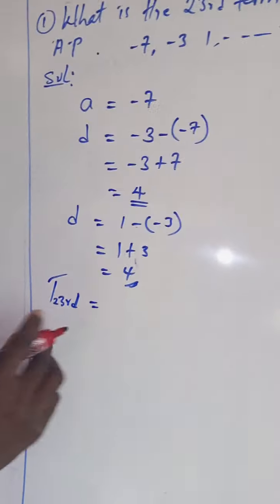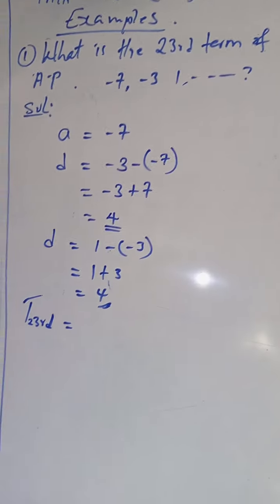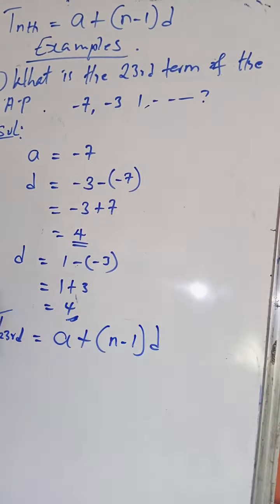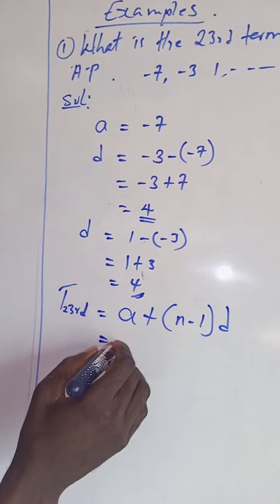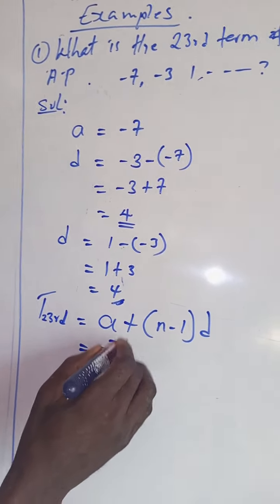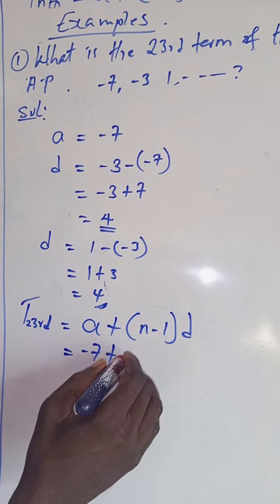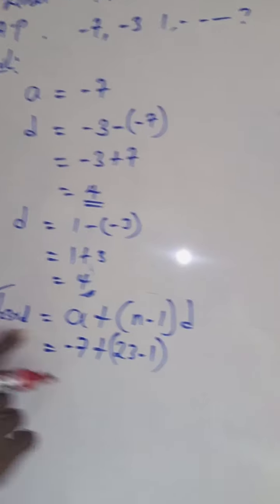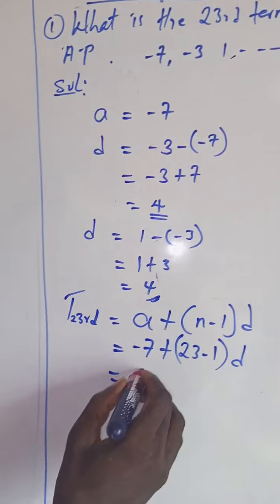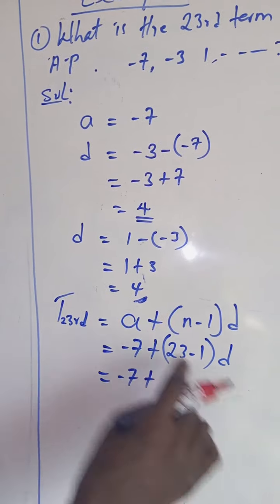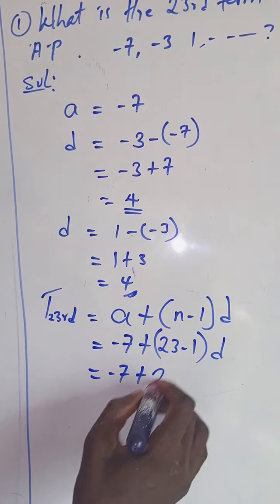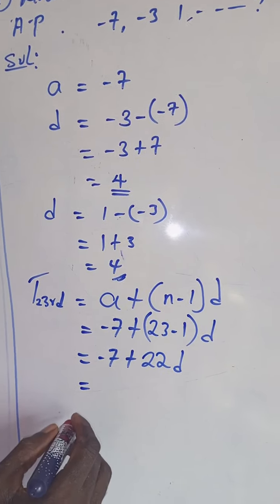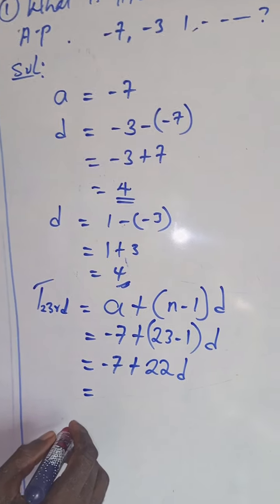Now, for the 23rd term, let me apply my formula: a plus (n minus 1)d. The first term is minus 7 plus, 23 minus 1, that is 22d.